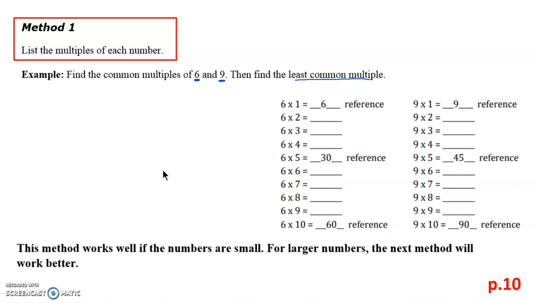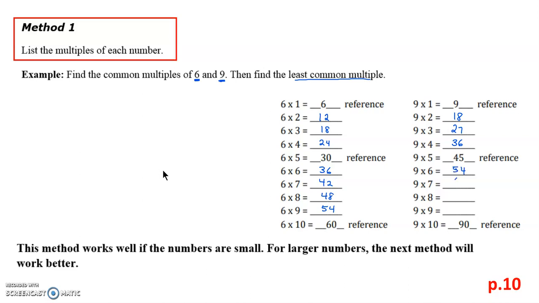If you are using your reference sheet, you'll have all of your numbers filled out for 6s and for 9s. And then you can take a look at that reference sheet and find the lowest number that they both make. So I'm just filling out my multiples of 9.